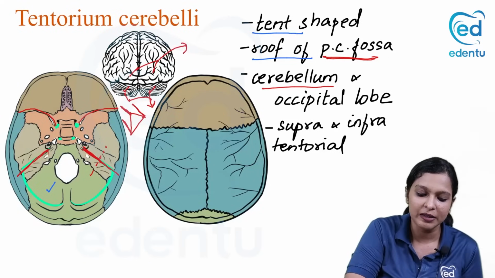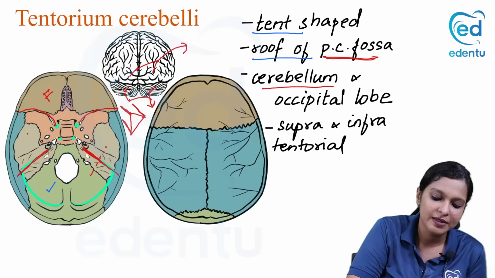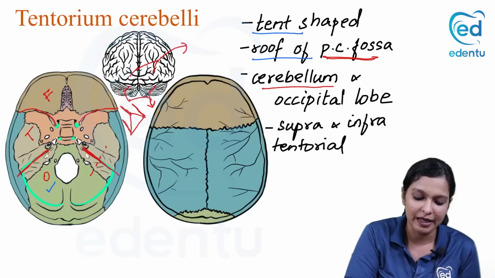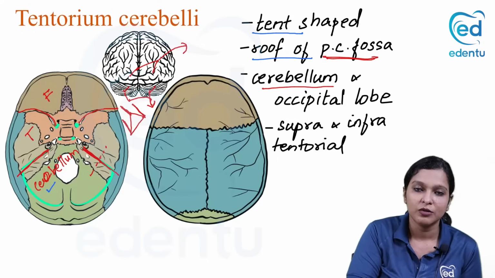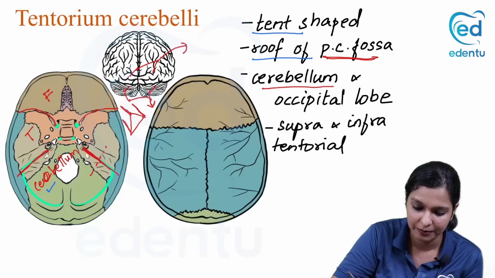Remember this cranial fossa is related to the frontal lobe, this is related to the temporal, and this is actually related to the cerebellum. So basically there will be the posterior cranial fossa here in this region.